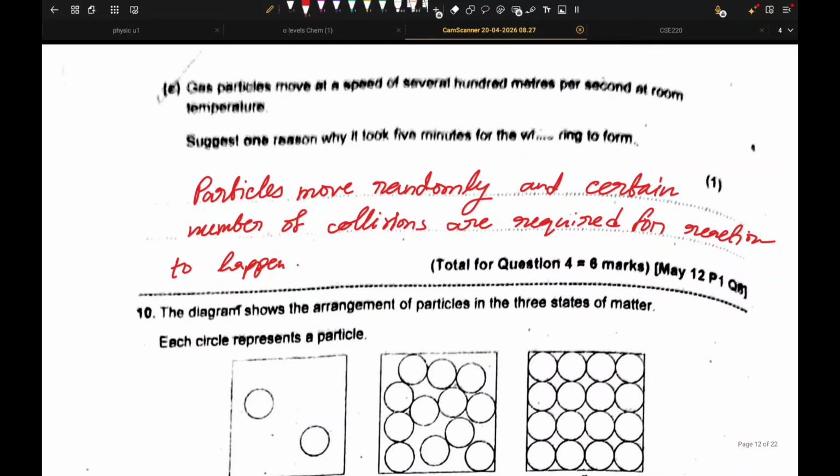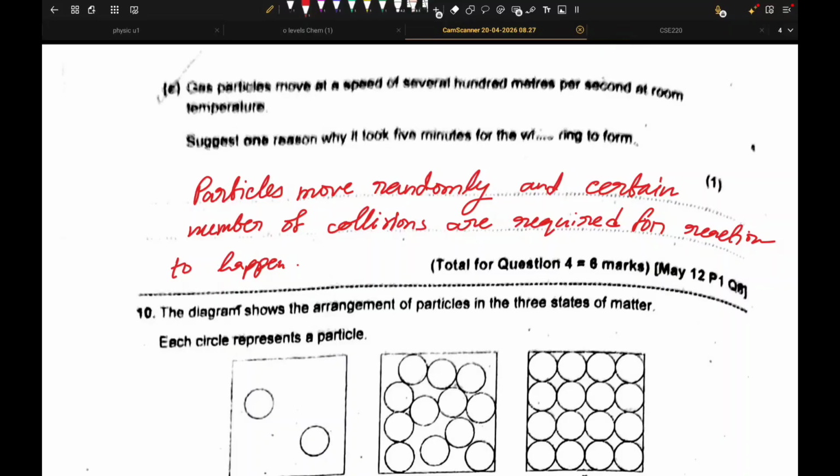Gas particles move at a speed of several hundred meters per second at room temperature. Suggest one reason why it took 5 minutes for the white ring to form. Now, particles move randomly. We know that. In a gas, particles move here and there randomly, so the number of collisions that is required for the reaction to happen takes time.